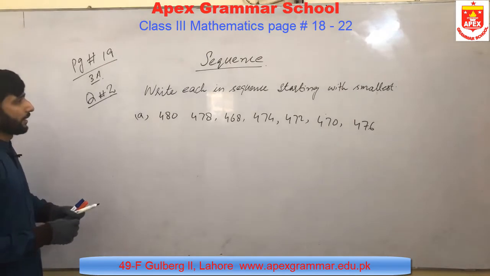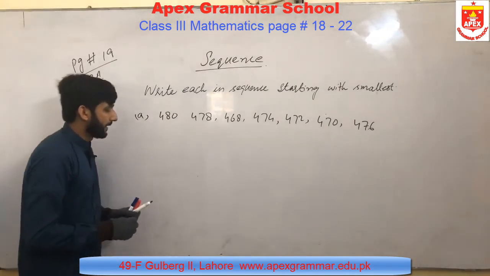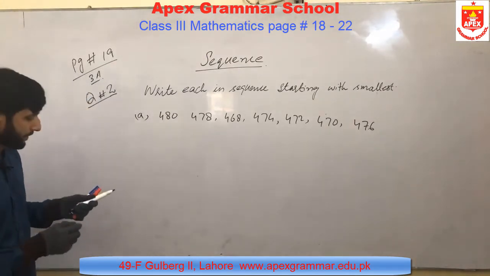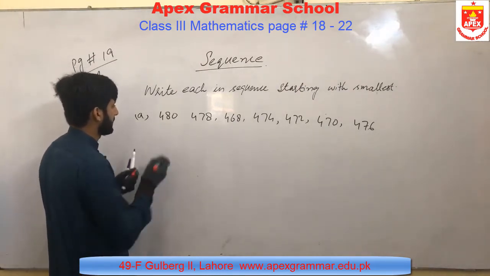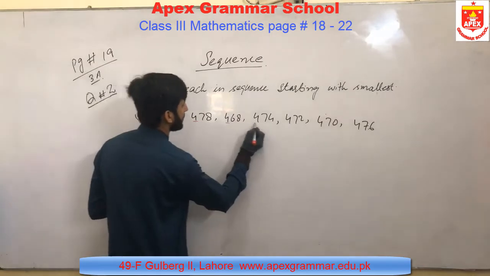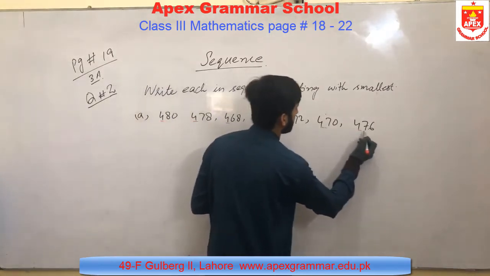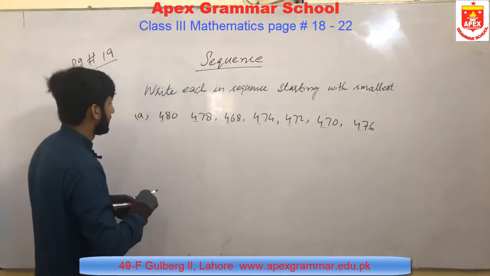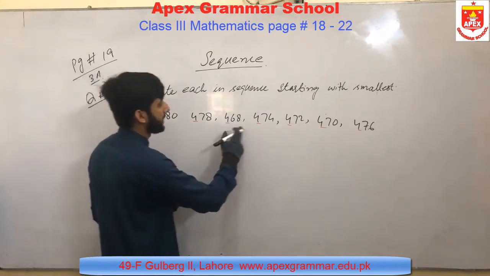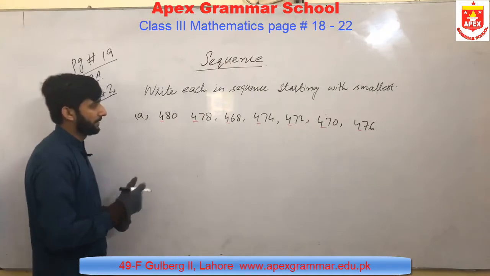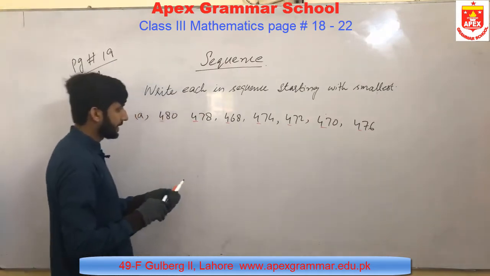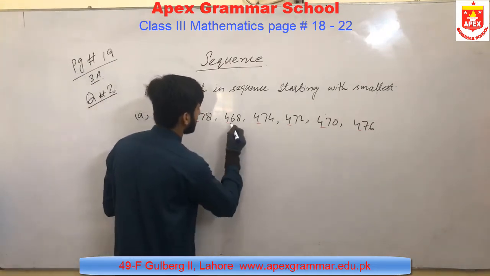According to the question, we have to arrange in a sequence starting with the smallest. The first digit of every number is 4, which is the same. The rest are 80, 78, 68, 74, 72, 70 and 76. According to mathematics, the smallest number is 468.